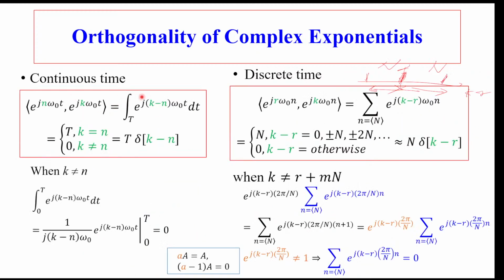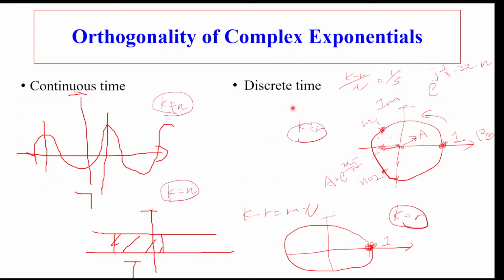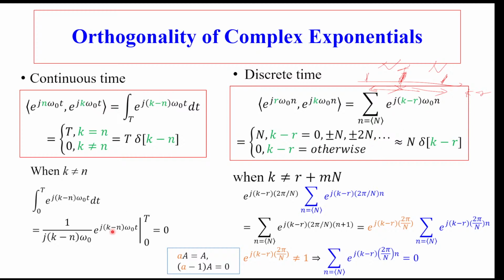When k equals n, or r equals k, it is either an integration over a constant function or a summation of a whole bunch of 1s, and you will get a non-zero value. If you want to see the details, they are very detailed, so I'll skip them here.